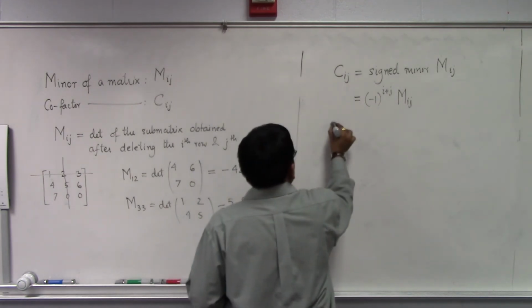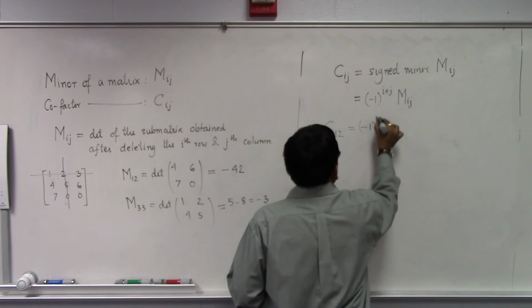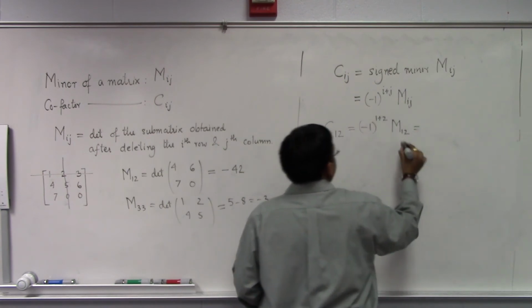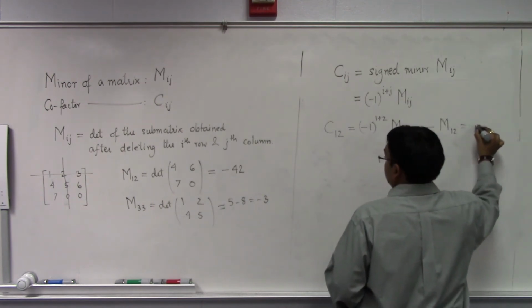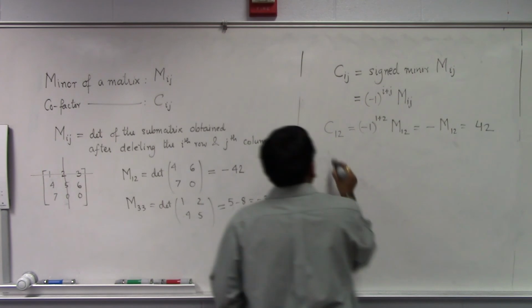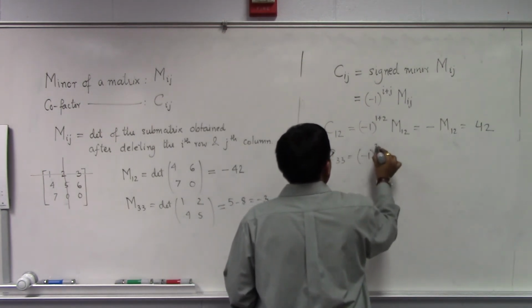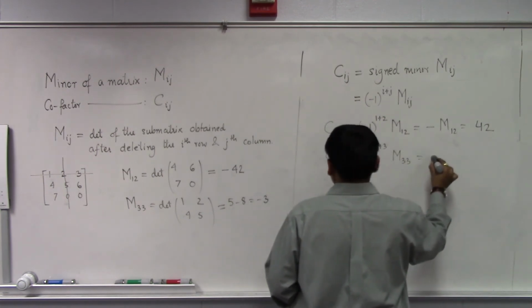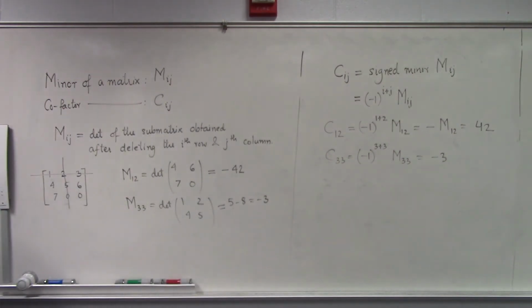So for example, if I wanted the cofactor C12 for this matrix, it would be minus 1 to the power of 1 plus 2 times M12, which is minus M12, which would be plus 42. What would be C33? C33 would be minus 1 to the power 3 plus 3 times M33, which is the same as M33. So cofactor is nothing but a signed minor.